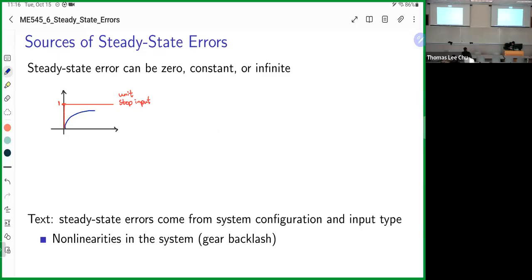It looks like this. It flattens out right here. We ignore the transient response. This is the transient part. So we want to take a look at steady state. And this difference here is my steady state error, which is e at time equal to infinity, which is constant.